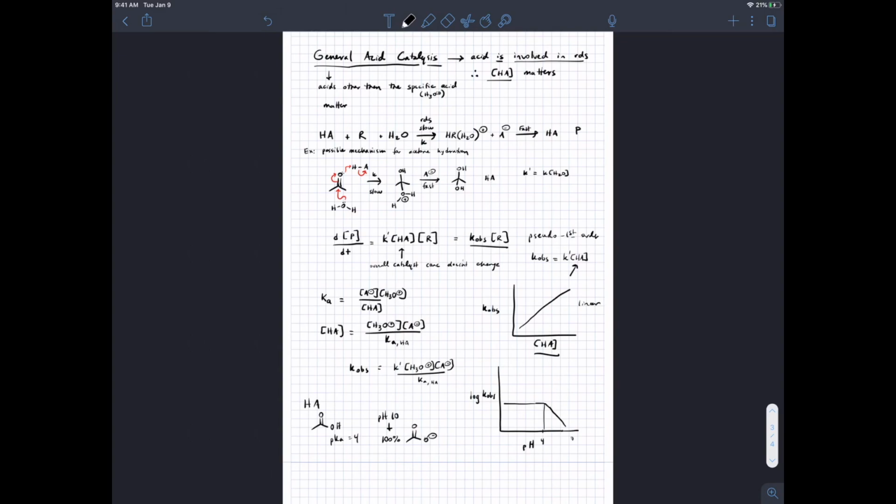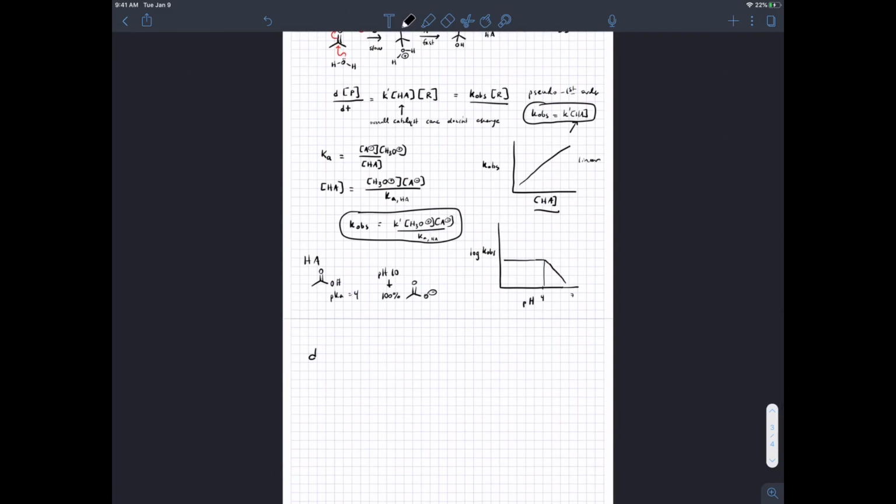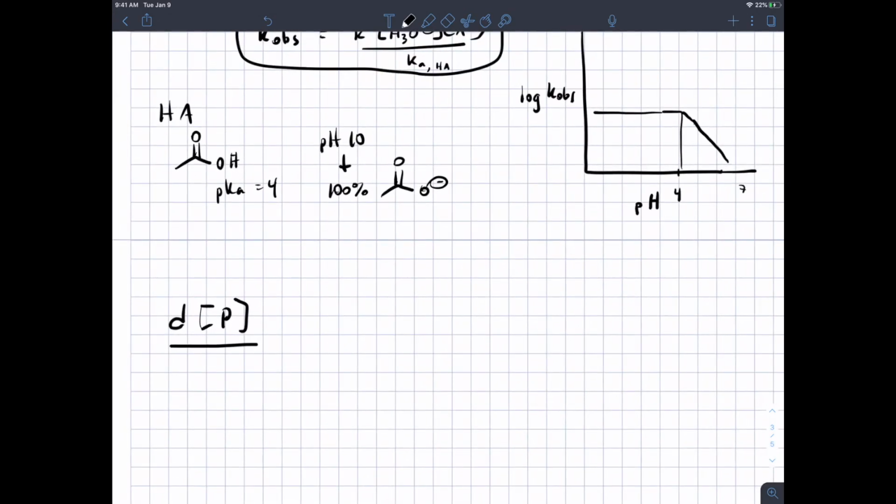One thing your text points out that is a little bit confusing to me is that because we have these two equivalent expressions for the rate constant, and maybe I'll just rewrite our rate law to be as clear as possible.